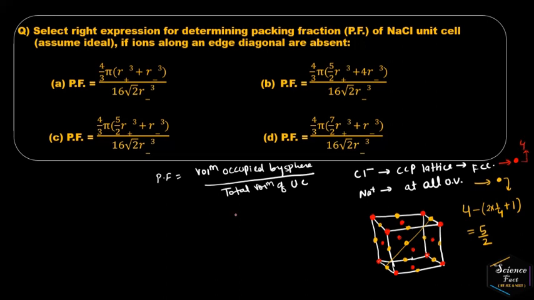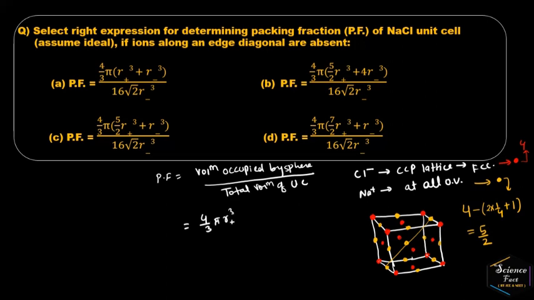Now, coming to the packing fraction formula, the volume occupied by spheres, we have two types of spheres, Na+ and Cl-. The volume of a sphere is 4 by 3 pi r cube, but we have two types of radius, so 4 by 3 pi r plus cube.